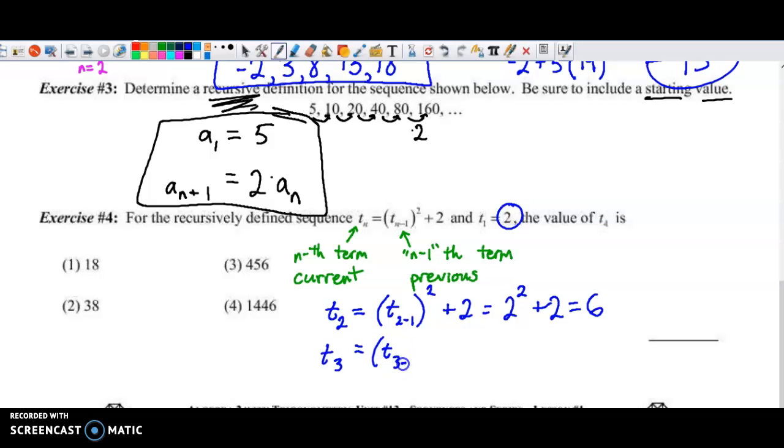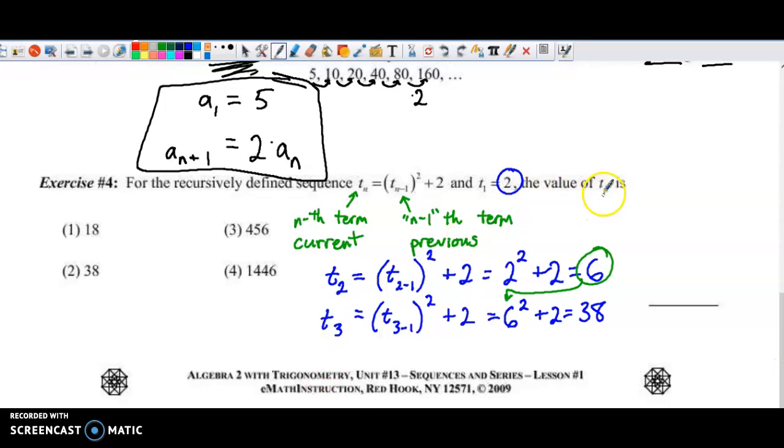T subscript 3 minus 1 squared plus 2. So that would be t subscript 2, which was 6. Maybe I'll even circle it and move it down here. It's squared plus 2. So that's 38. Not quite done, though, because we're still looking for the fourth term. And again, n is 4.